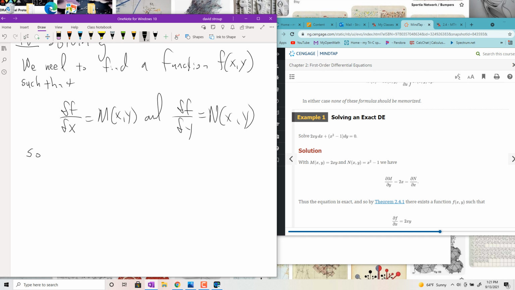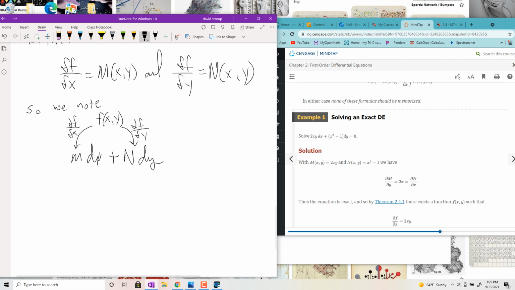So the picture I'll draw out here: you have M dx plus N dy, and there's some potential function up here in space, f of x,y, and to get M, you're taking the partial of f with respect to x. To get N, you're taking the partial of f with respect to y. So noting this picture leads us to the following.